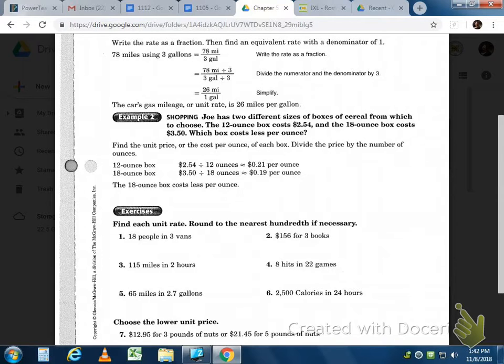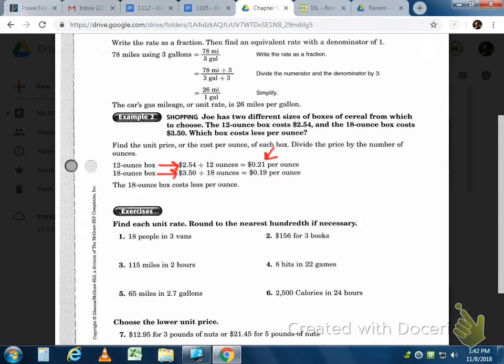So you're going to find the unit rate for both of those. The first one, the 12-ounce box, it says it was $2.54 for 12 ounces. That's why you take $2.54 divided by 12. It comes out to 21 cents per ounce. The 18-ounce box, $3.50.